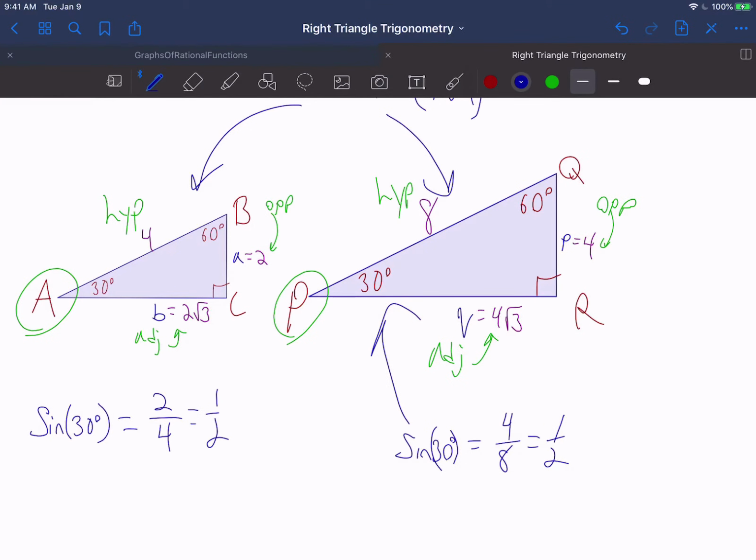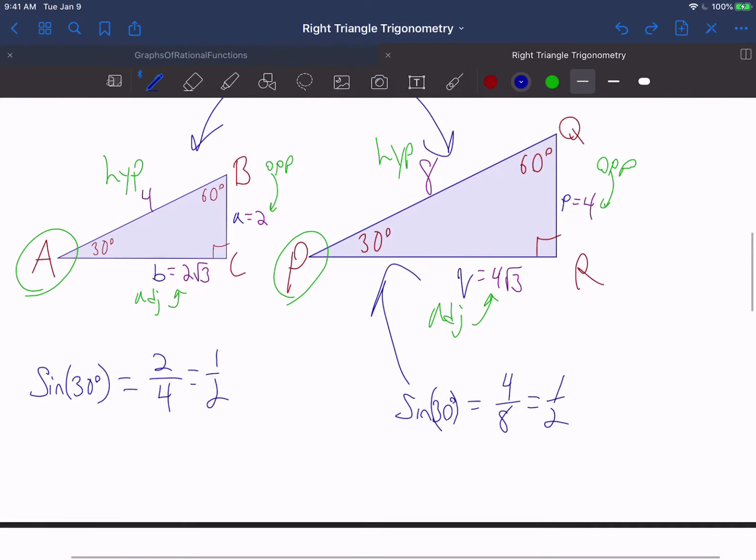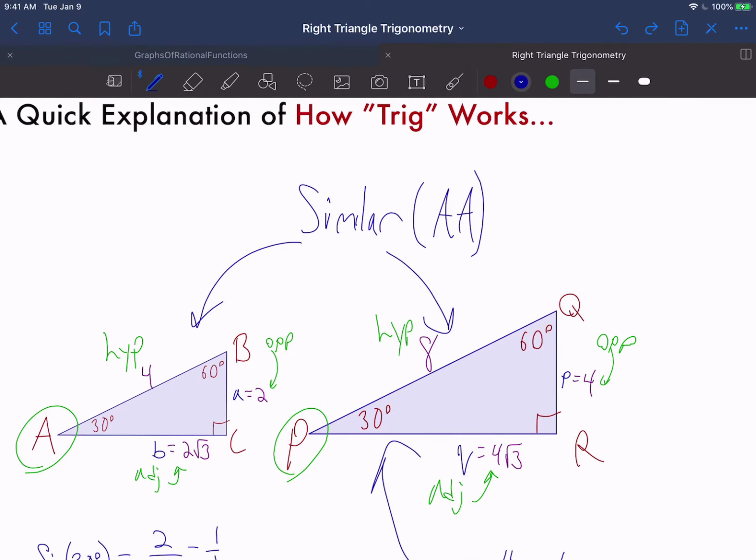So that's a fixed ratio. No matter how big or small the triangle is, relative to a 30-degree angle, the side opposite divided by the hypotenuse will always be 1/2 for a 30-degree angle. That's going to be different for other triangles, but you have fixed ratios. And we talked about similar, right?